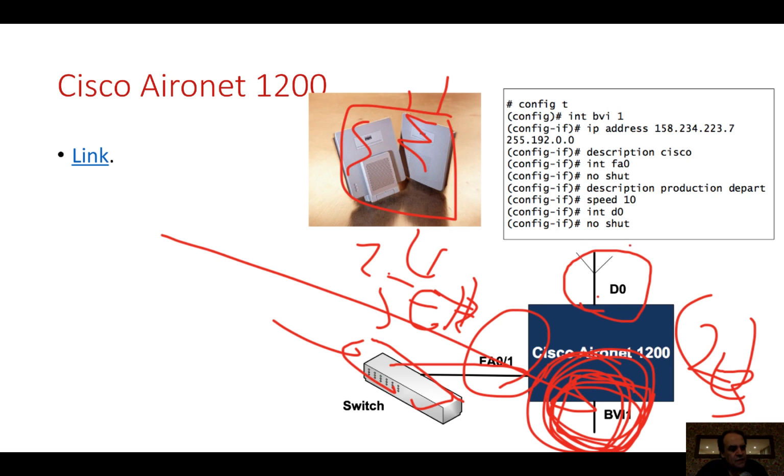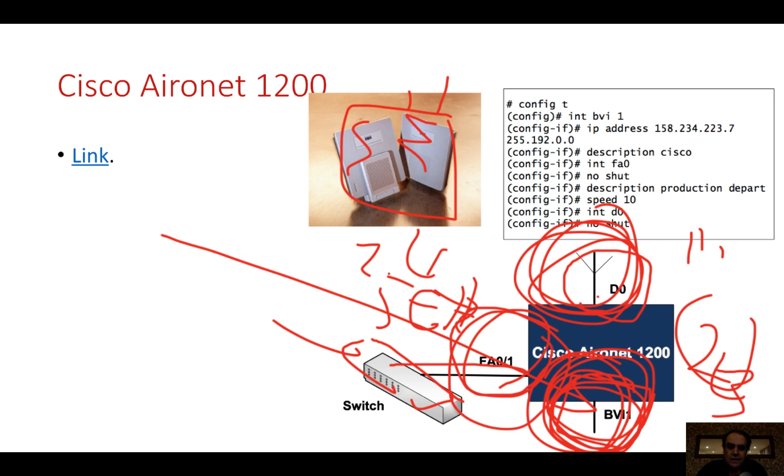For the radio interface, we set things like the channel, the data rate, and the maximum number of nodes that can connect on our radio network. And for our Ethernet, we can set up things that define the speed of the network.